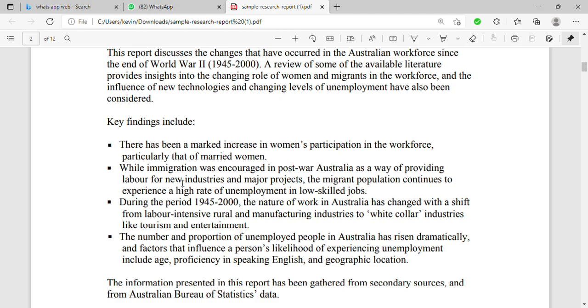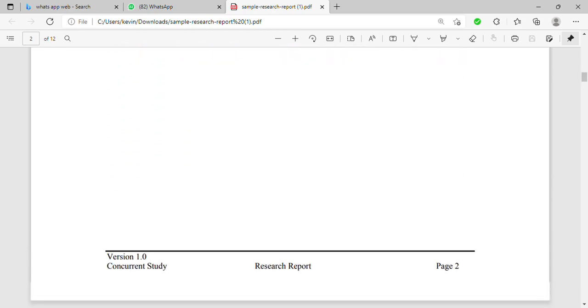Then while immigration was encouraged in post-war Australia as a way of providing labor for new industries and major projects, the migrant population continues to experience a high rate of unemployment in low-skilled jobs. So they also summarize the key findings of the study as you can see them. So that is the summary page.